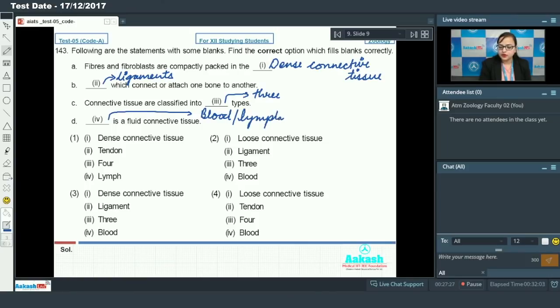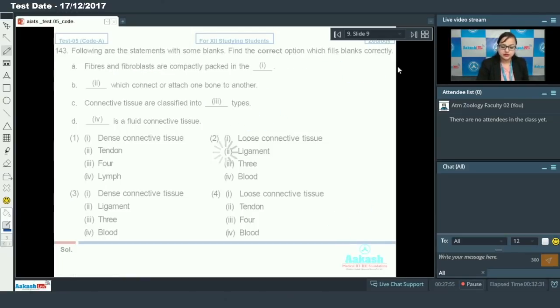Both are examples of fluid connective tissue. So among the given options, the correct option which fills the blank correctly is option third. So the correct answer for this question is option 3. So let's proceed to our next question.